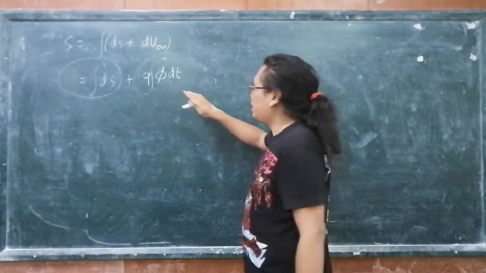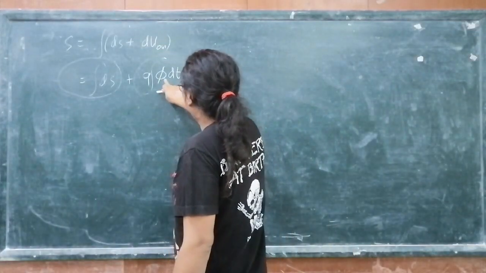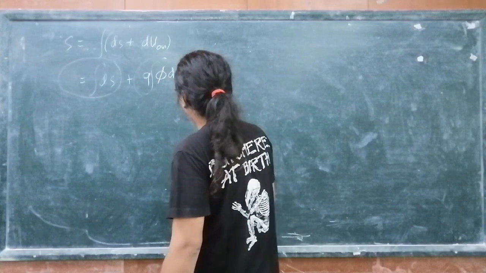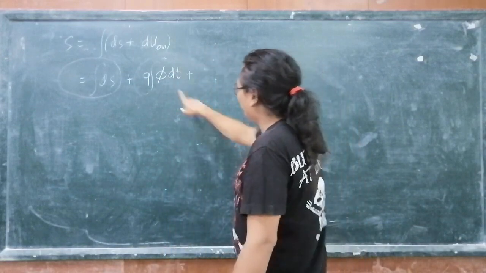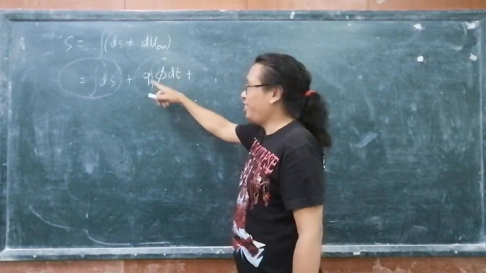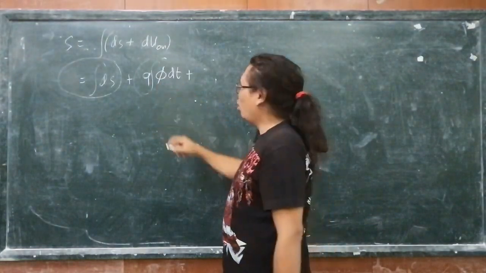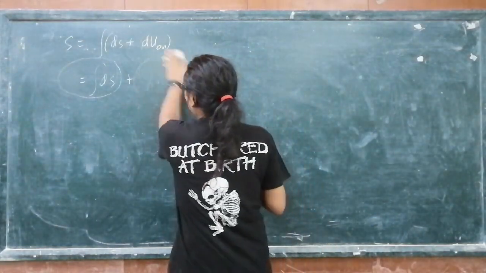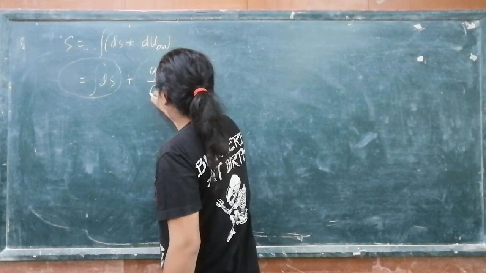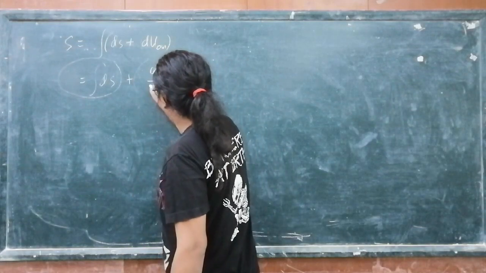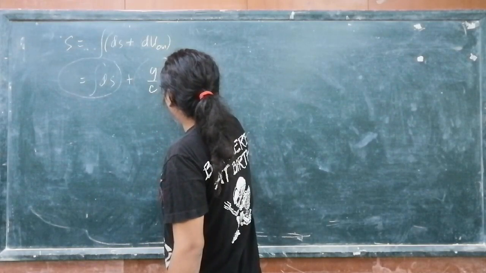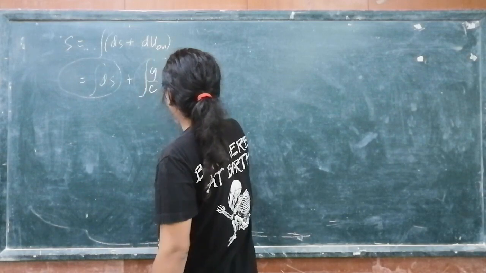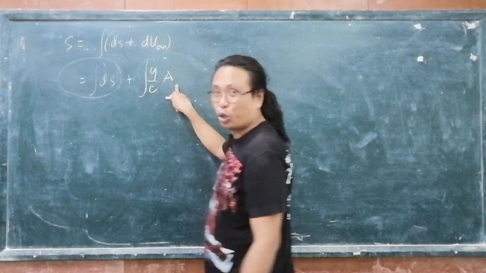We can think of this as something more formal, like Q over C times the integral of A_mu dx^mu, where A_mu is the vector potential.